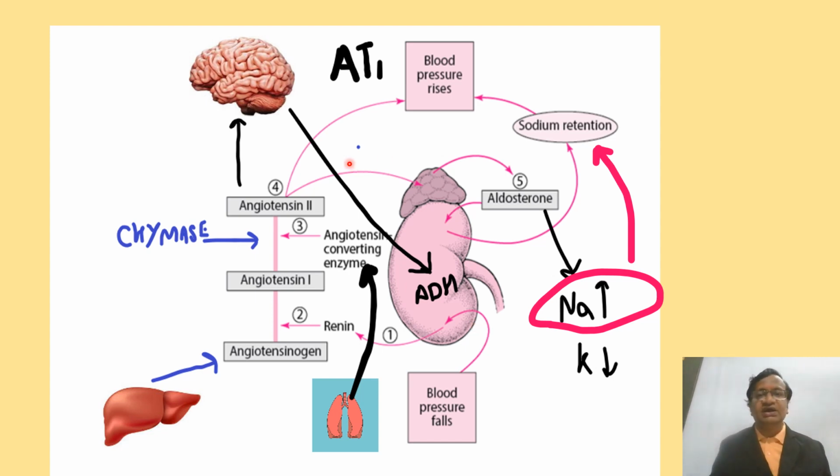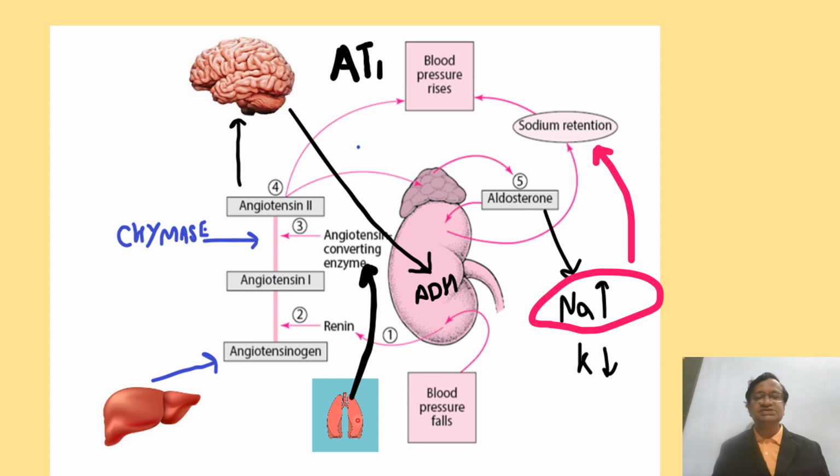The other is from the suprarenal, where it increases the aldosterone secretion. This aldosterone acting on the kidneys causes sodium retention, water retention, and some potassium excretion. So these are the basic mechanisms. That is why with the vessels, BP rises; with the sodium and water retention, BP rises; with this ADH, BP rises.